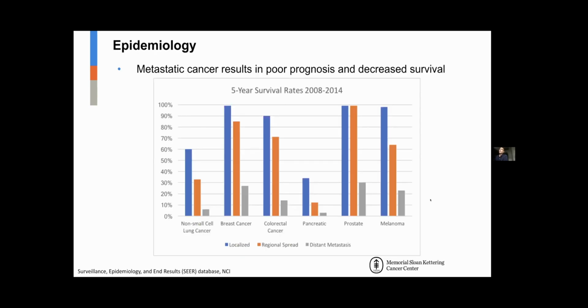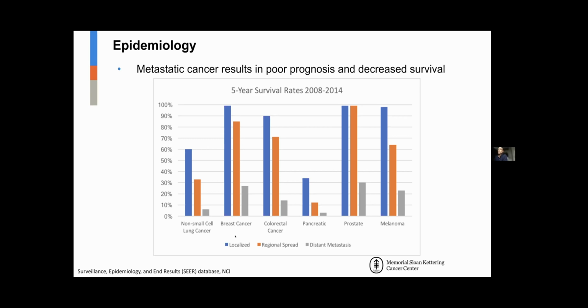And why is this important? Some epidemiology here. If you look at the 5-year survival rate, so patients 5 years after diagnosis, what percentage of the patients will survive given their prognosis at the initial diagnosis?